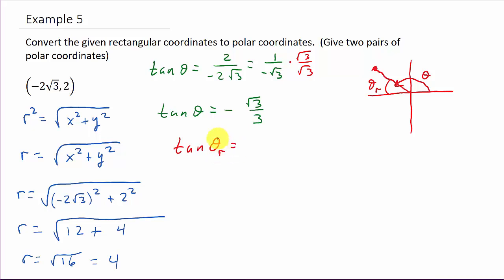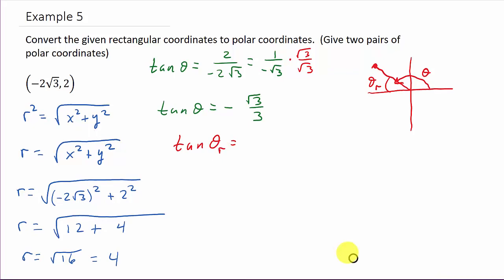I'm going to label my reference angle with the subscript r. And we know that the tangent of the reference angle is the positive of this, so that equals positive square root of 3 over 3. So this tells me that my reference angle, well, the tangent of what is square root of 3 over 3? Well, that's 30 degrees.